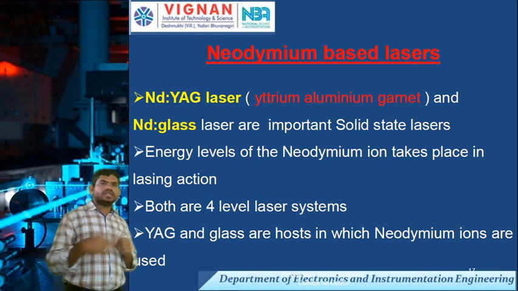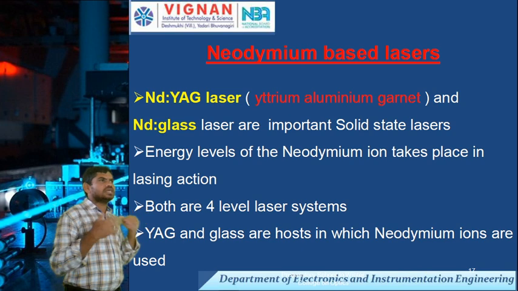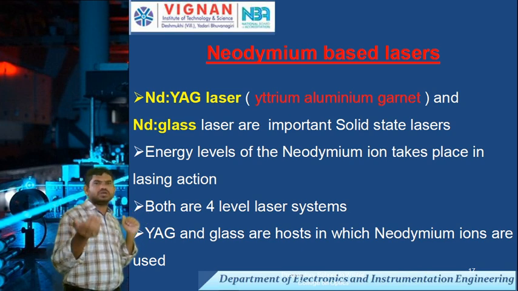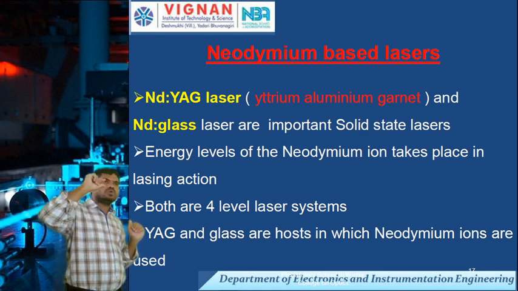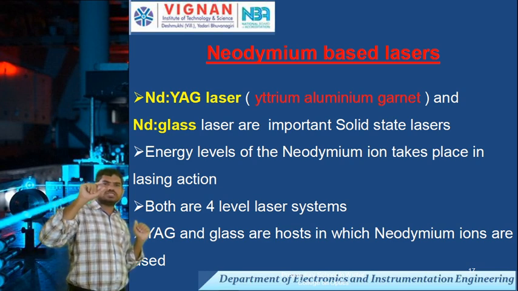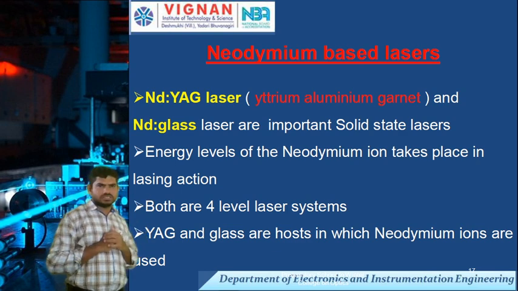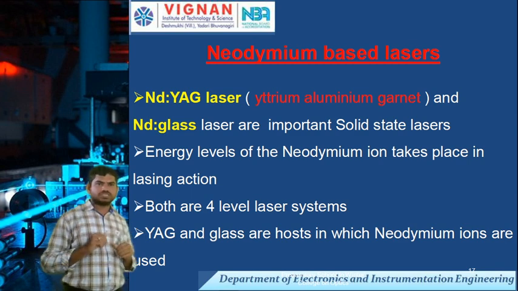For the excitation of the neodymium ions, when the laser action is going on, we add a concentration of neodymium ions into the YAG. For the excitation purpose of the neodymium ions, we are using the YAG.